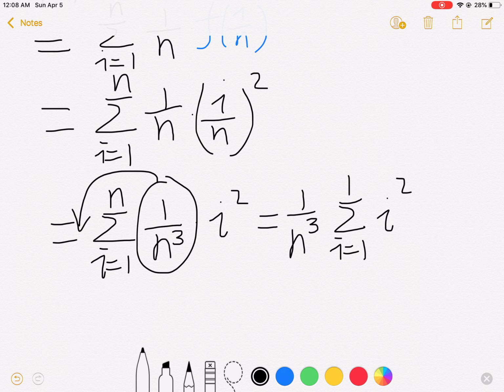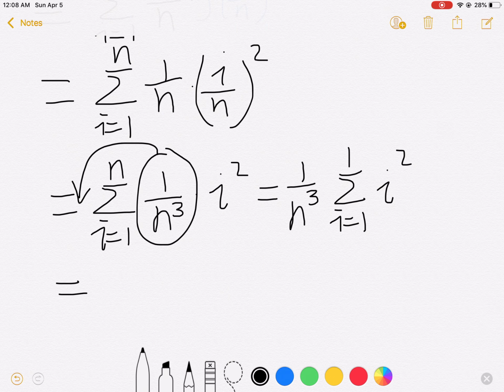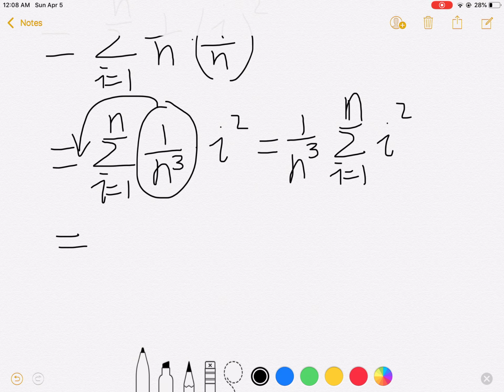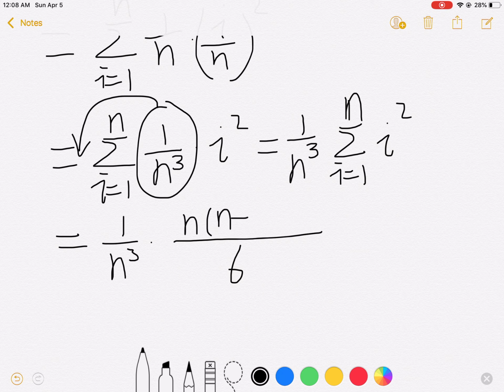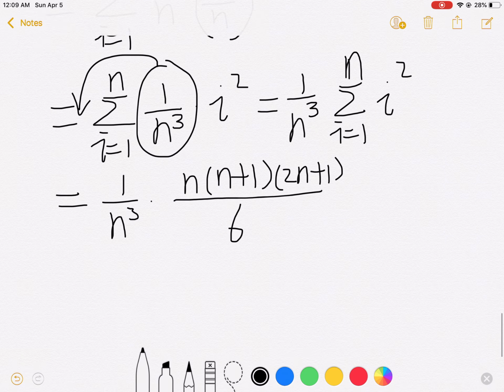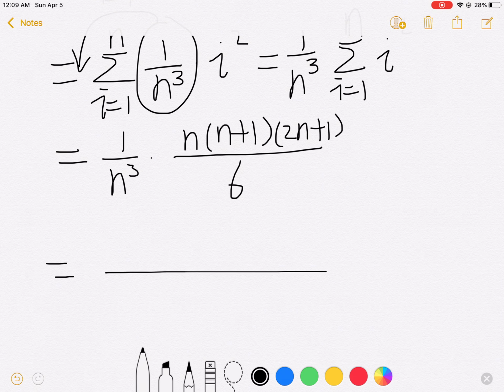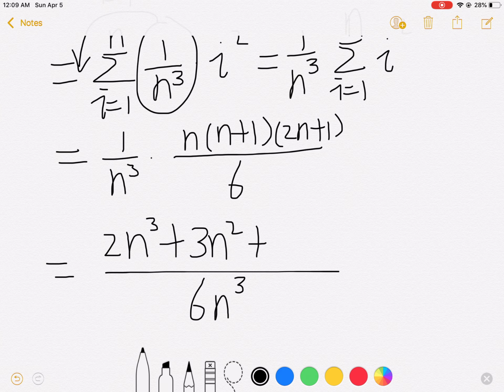Do you remember the formula for the summation of i squared? It is n times n plus 1 times 2n plus 1 in the numerator, and the denominator is 6. If you expand it out, the top would be 2n cubed plus 3n squared plus n, over 6n cubed.